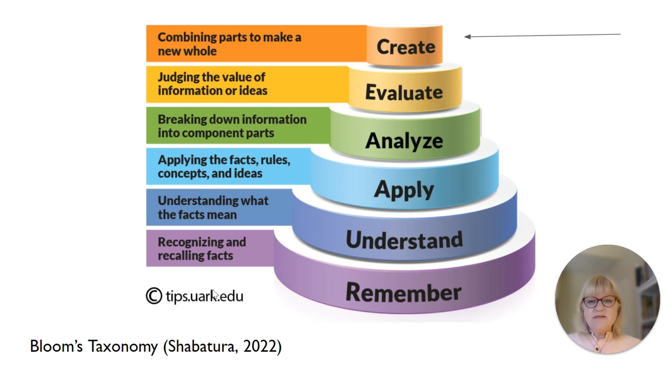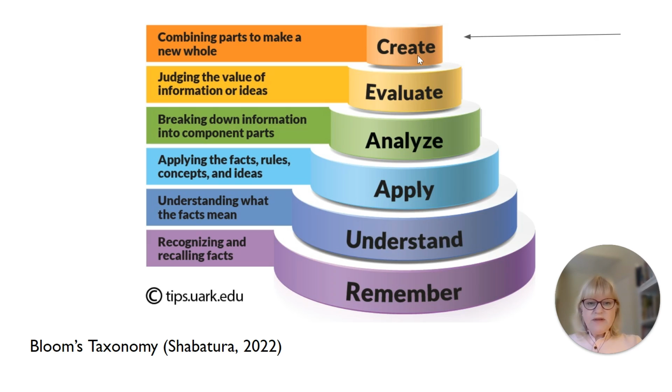I really like this diagram from the University of Arkansas because this is Bloom's taxonomy, and it explains these different factors of the taxonomy. When we start here at the bottom, that's the very basic learning skill.